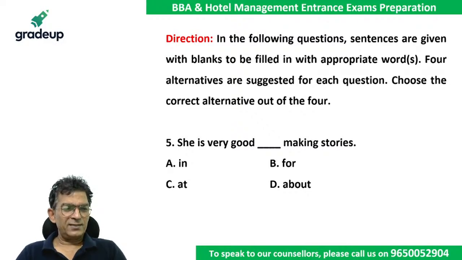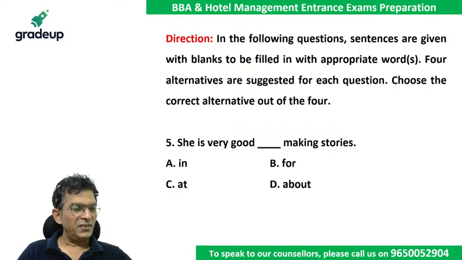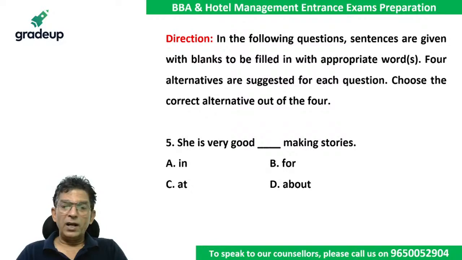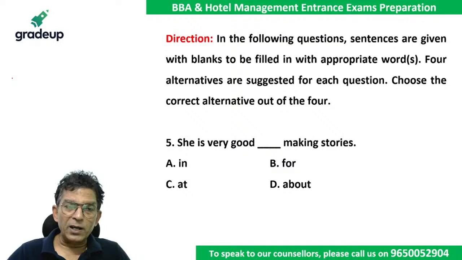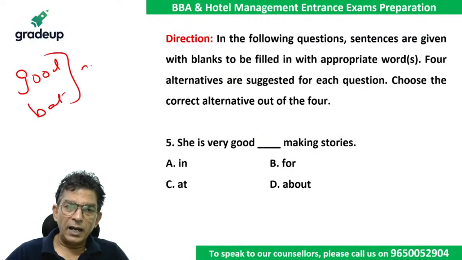Yes. Lakshmi Shri says, let me put it in public view so that you can see. Okay. See, she is very good at doing something. Always keep this also in mind. We are good or bad at something.